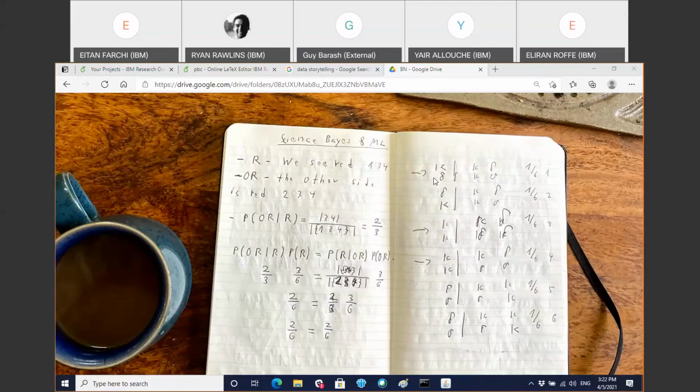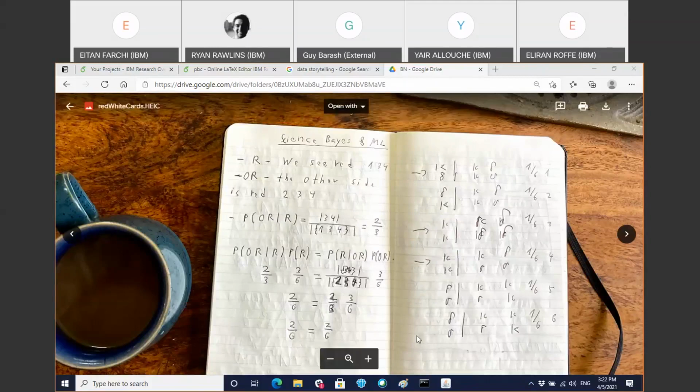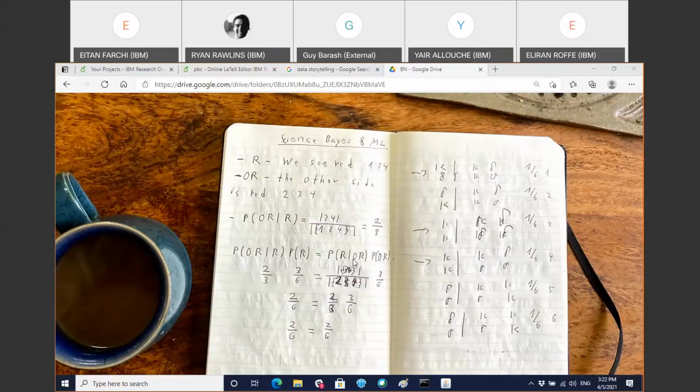Yes, so the probability that the other side is red, it's first line, line before the last, line number 5, and the last line. So it's 3/6. Now, what's the probability that, given that the other side is red, the side we are looking at is red?